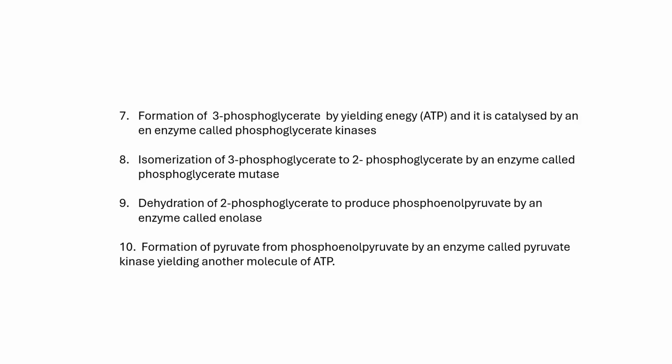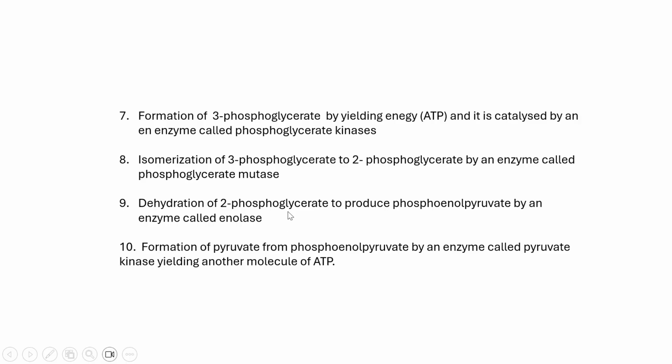That's it. We just transfer the phosphate group from carbon 3 to carbon 2 to form 2-phosphoglycerate by an enzyme called phosphoglycerate mutase. And also we have step 9. Step 9 is where we dehydrate 2-phosphoglycerate to produce phosphoenolpyruvate.